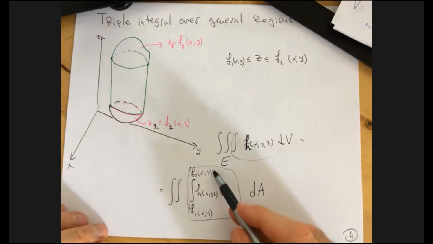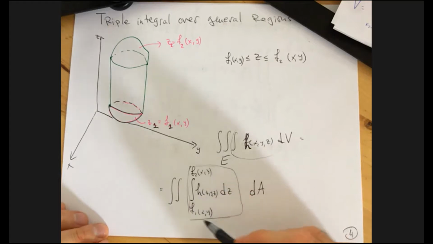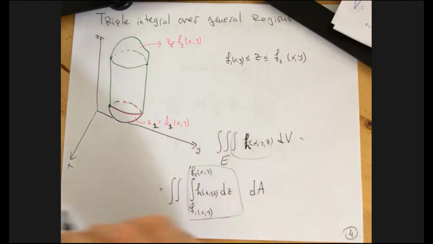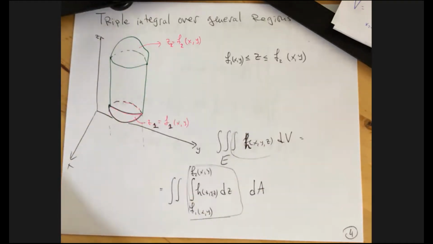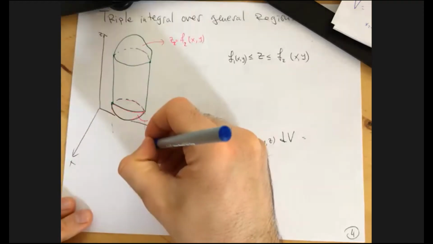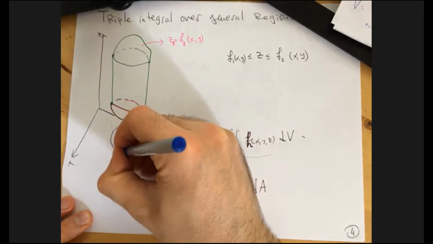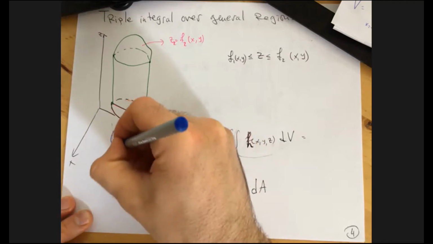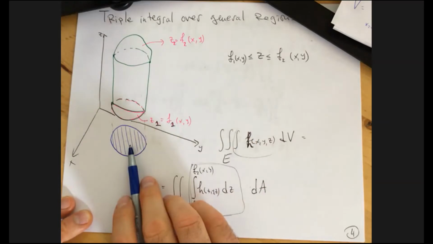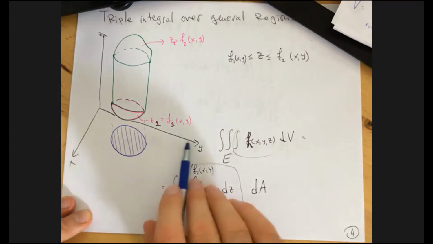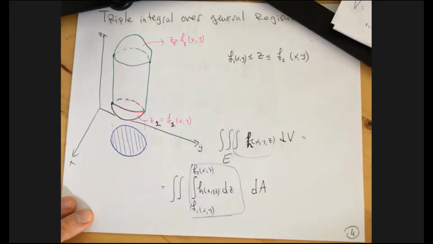Well, if I'm done with the z value, then I'm left with this projection, this shadow of the solid onto the xy plane. And this is what? An integration over a general region in 2 dimensions, in x and y. Okay?